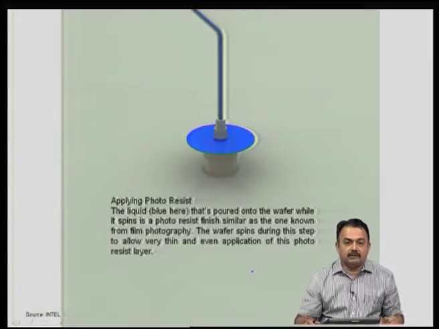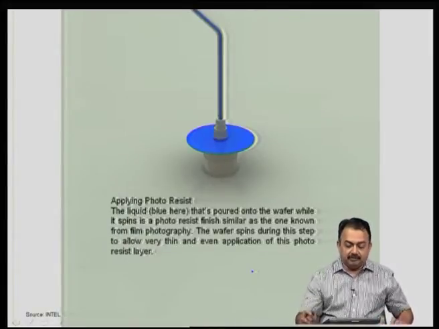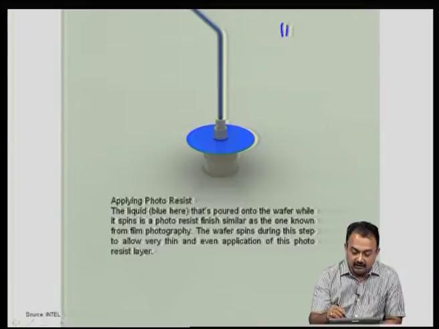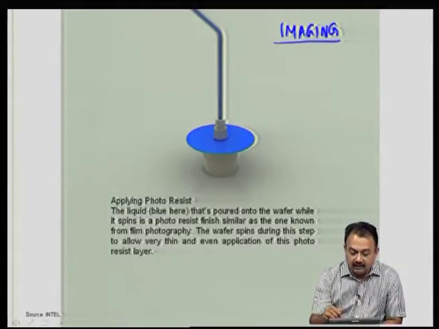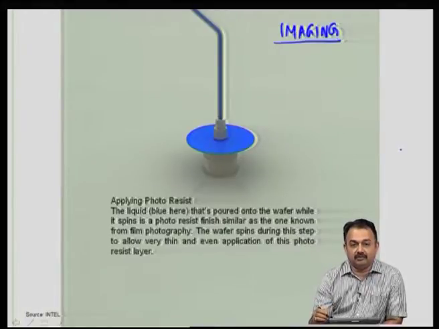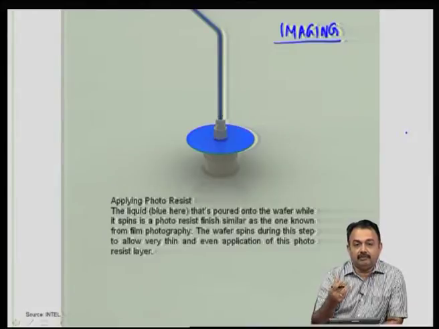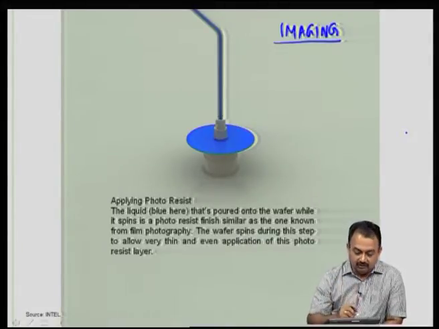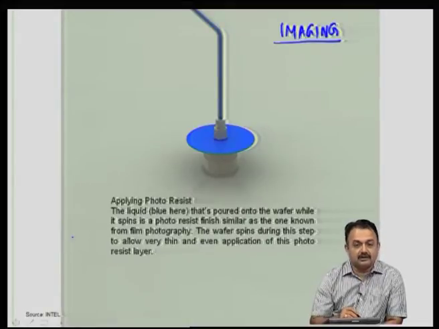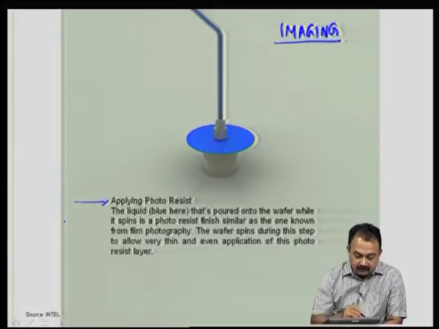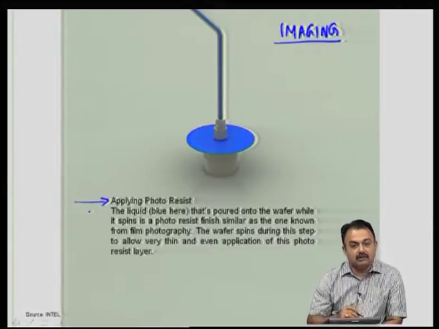Now, the next step is typically imaging, but for imaging your CAD design onto the surface of the wafer, you need a medium that will take up your design and realize it on the wafer. So, we go through what is known as a photoresist application process. Therefore, the next step is applying photoresist on the surface of the silicon wafer.